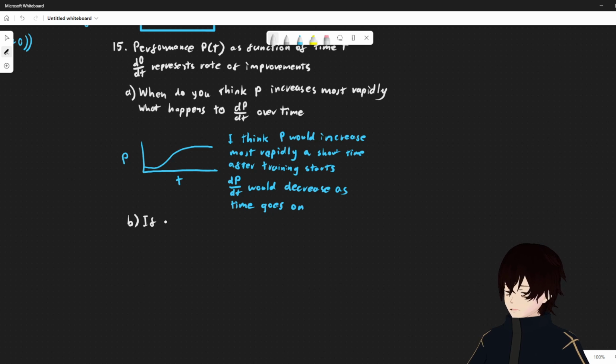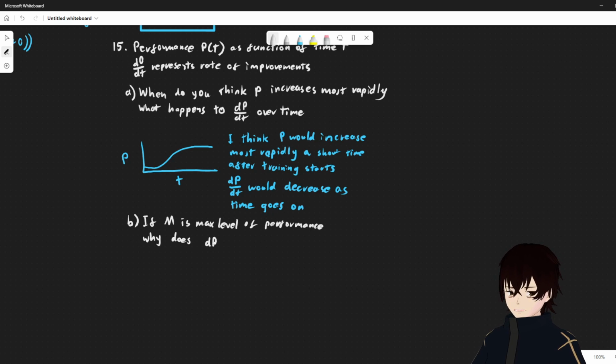If M is the max level of performance, why does this differential equation make sense? k is a constant.